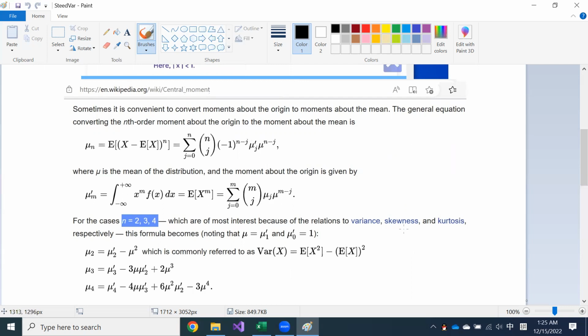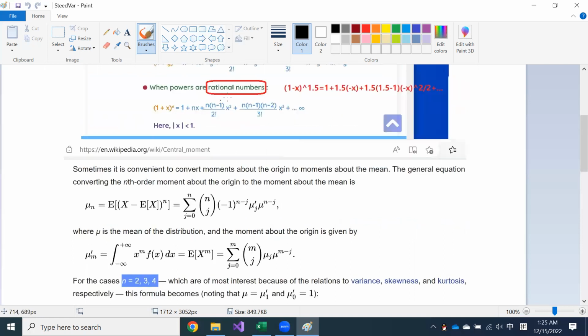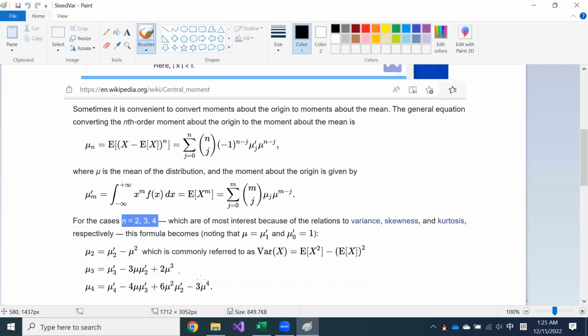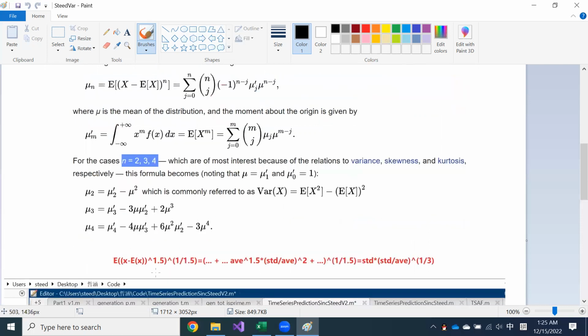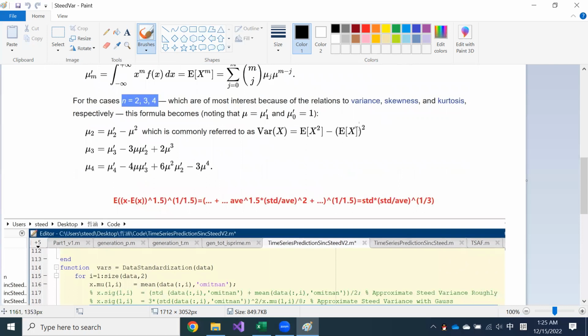We're not going to bother with skewness and kurtosis, although we could do the approximation. We approximate with this 1.5 variance, because the normal variance is 2, the Gaussian variance. This is the third moment, this is the fourth moment, and they have a relationship. The third moment is related to the second moment. And this is the variance we're playing with right now.